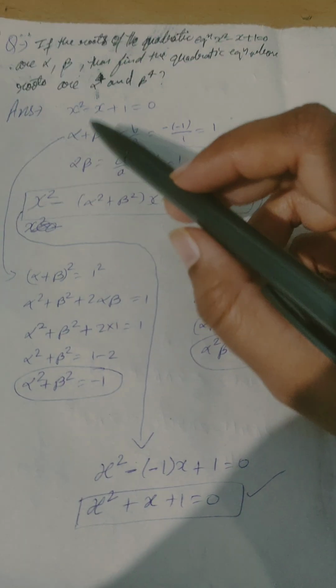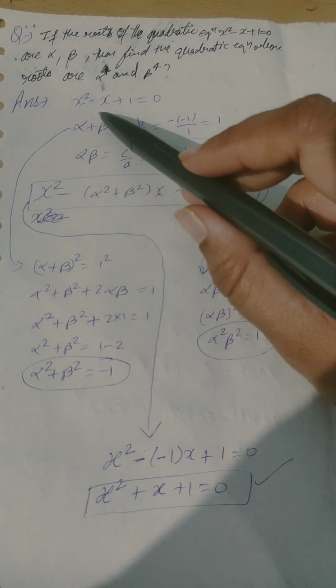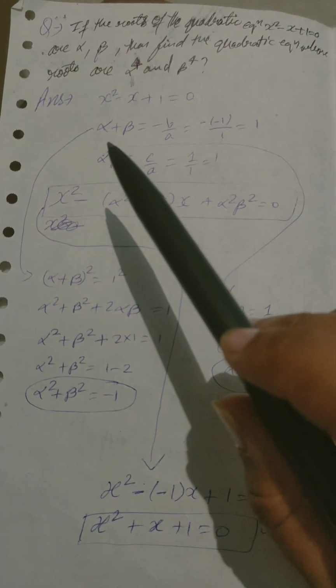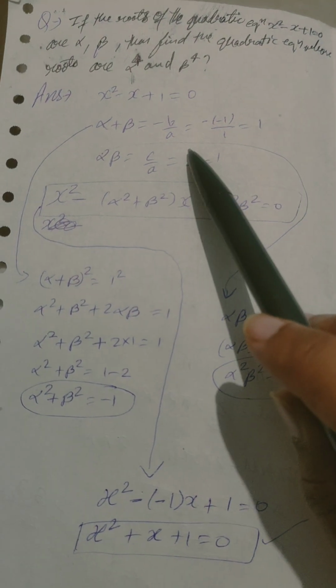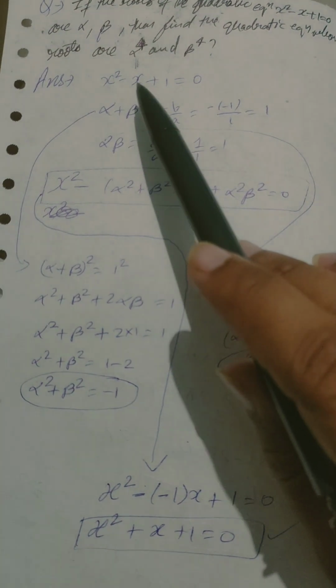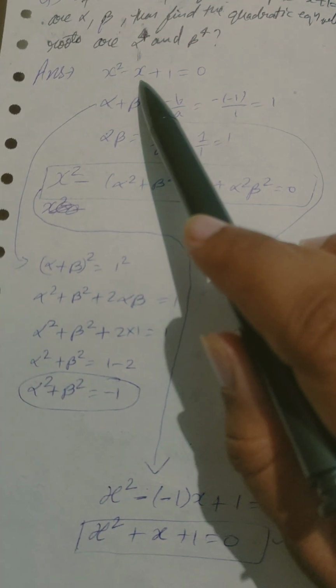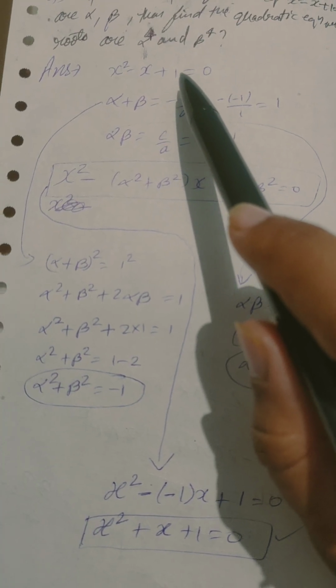So for that, see, alpha plus beta is minus b by a. This is alpha plus beta equal to minus b by a. That is, this is a, this is b. The coefficient of x square is 1. Here the coefficient of x is minus 1, and here c is 1.